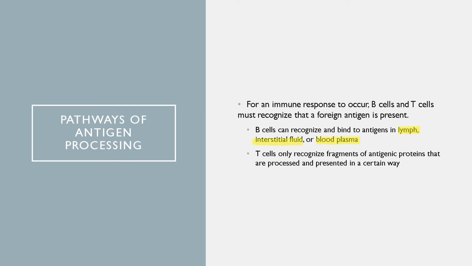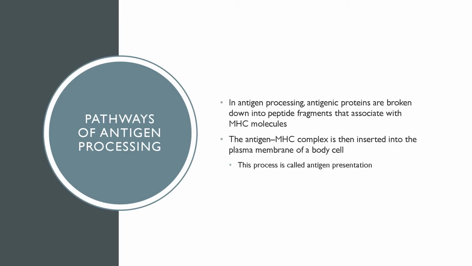T cells will only recognize fragments of antigenic proteins that are processed and then presented to the T cells in a very specific way. In antigen processing, the antigenic proteins are broken down into peptide fragments that will then associate with specific molecules called MHC molecules. MHC stands for Major Histocompatibility Complex.